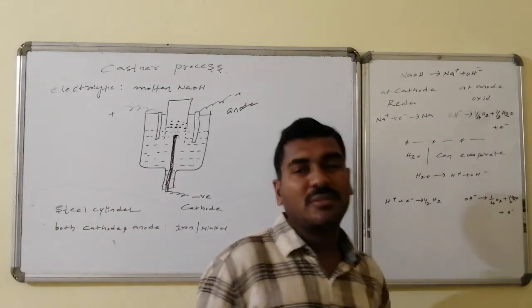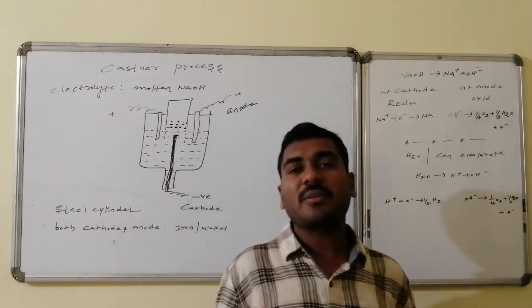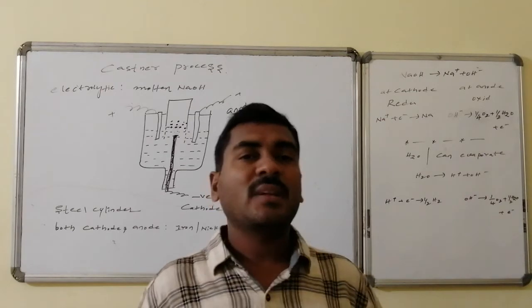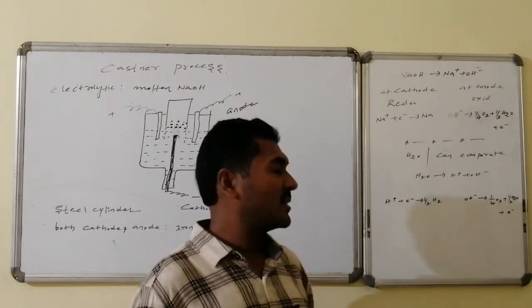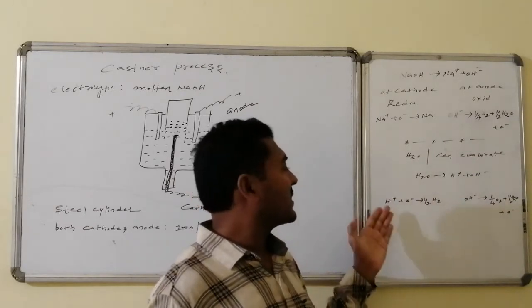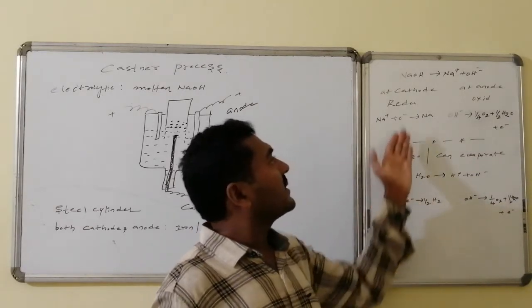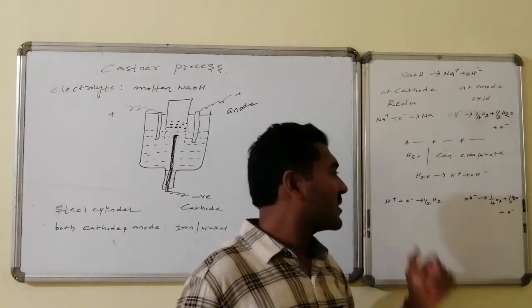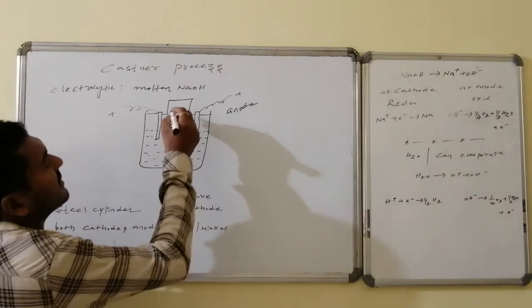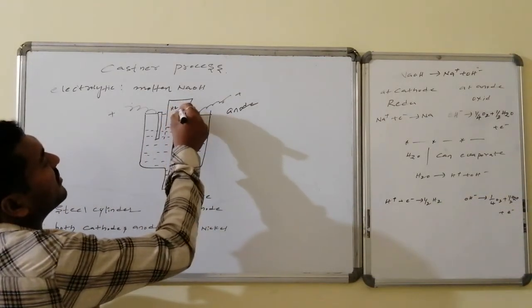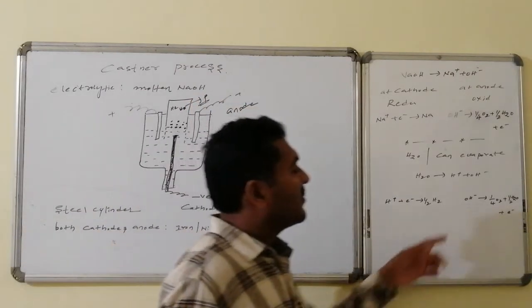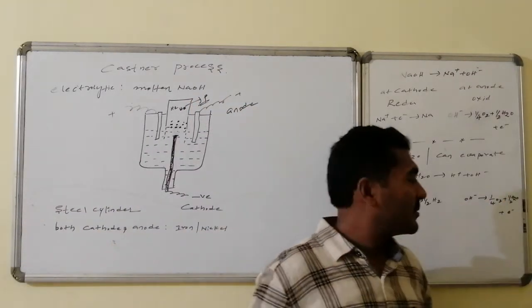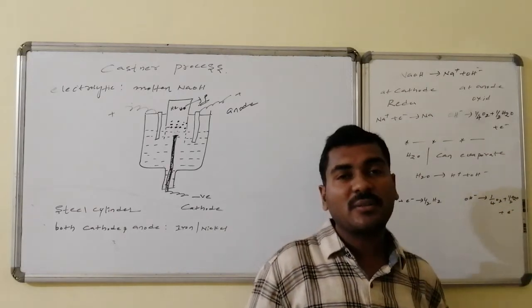Whatever water is formed, due to high temperature some of the water will evaporate, and some water is again present in the form of H+ and OH- and undergoes electrolysis once again. Here at cathode reduction takes place, H+ is converted to hydrogen. Thus here all of these are hydrogen molecules, and the pressure of hydrogen increases, whereas OH- is converted to oxygen followed by water molecules.